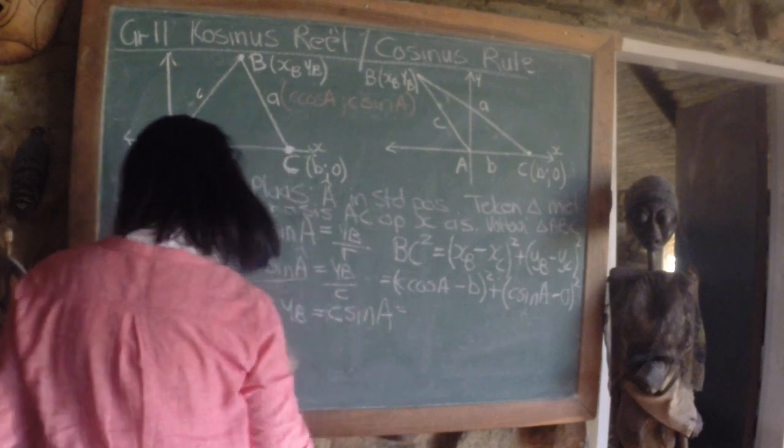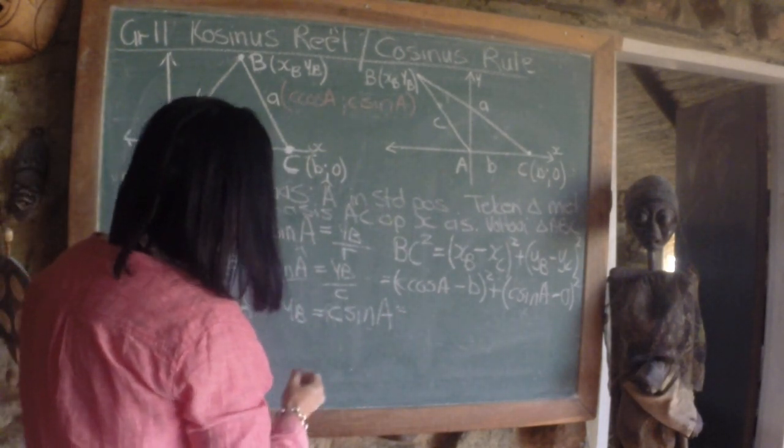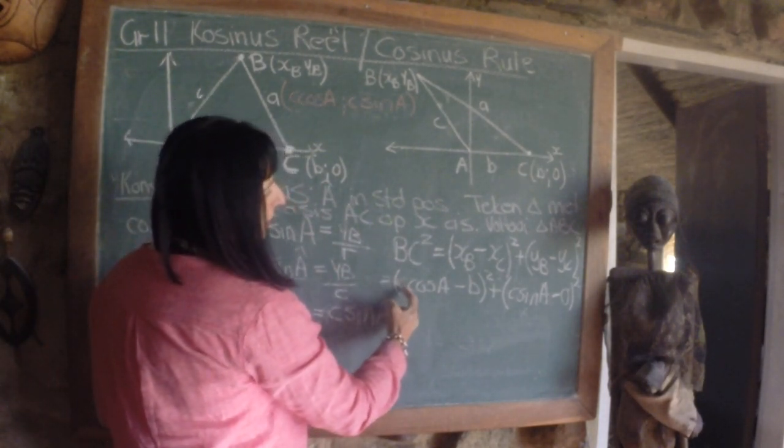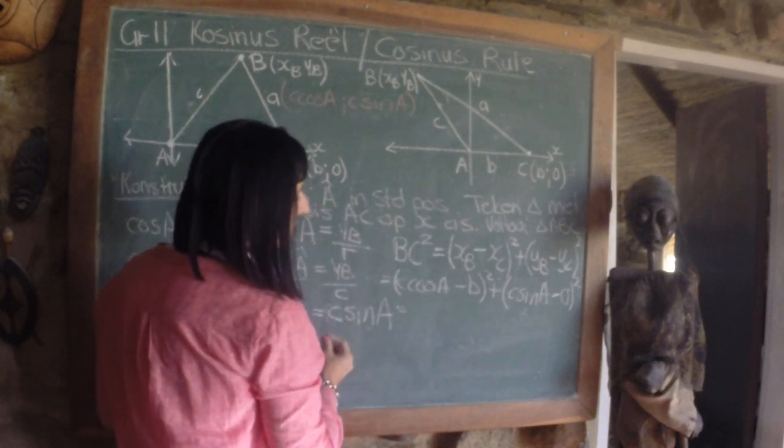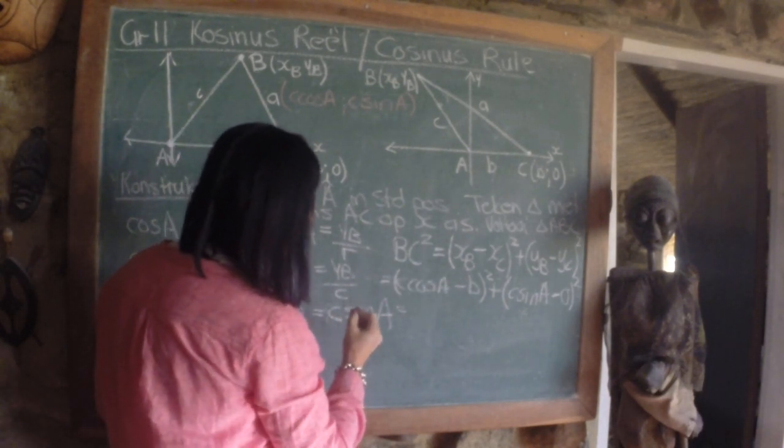So let's simplify. Remember, when you've got a bracket squared, you write it twice and you do the arrow method.